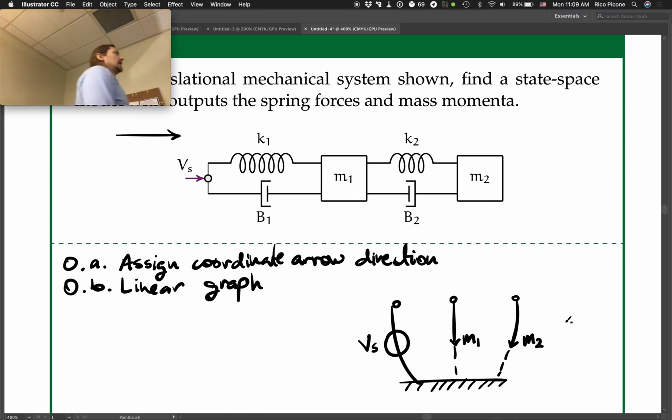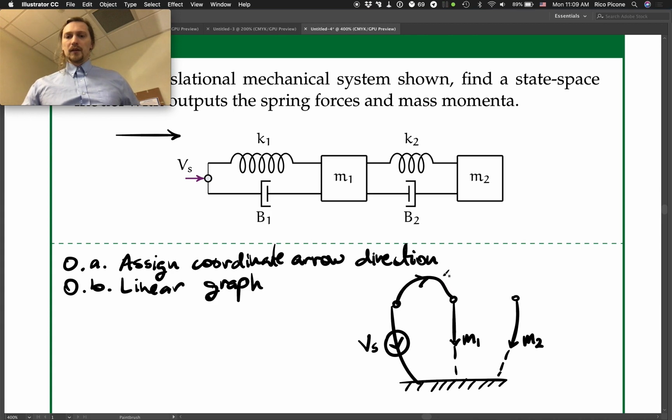VS, so we have an across variable source in the direction of the coordinate arrow. So we're going to drop away from the node of application, right? That's the rule that we have. So it points down. And then we just have the spring and damper in between each of these nodes.